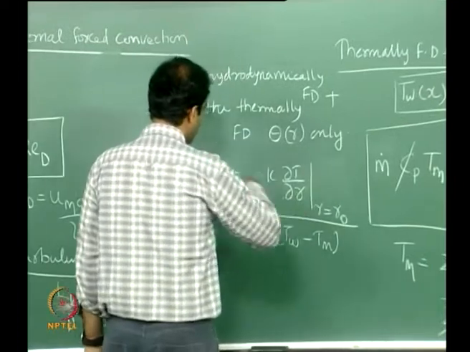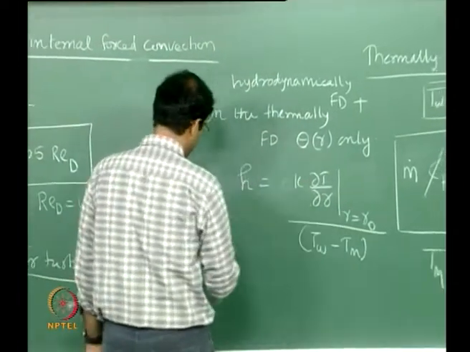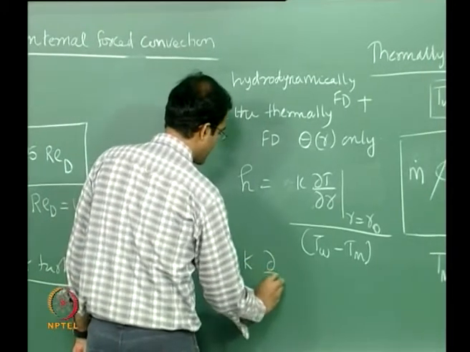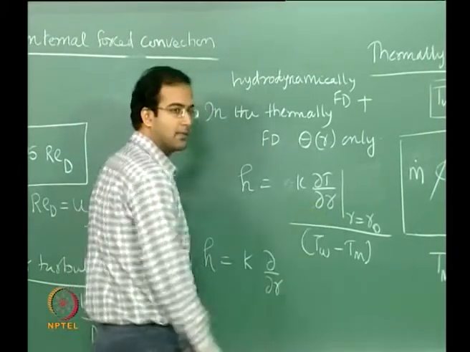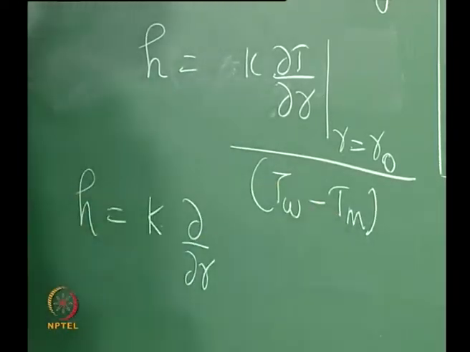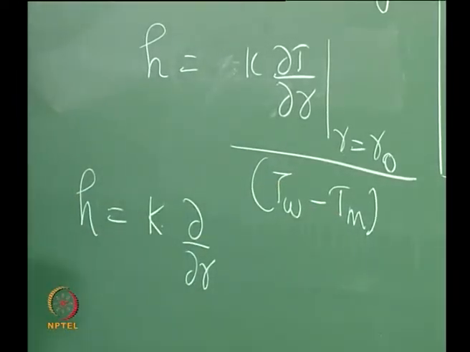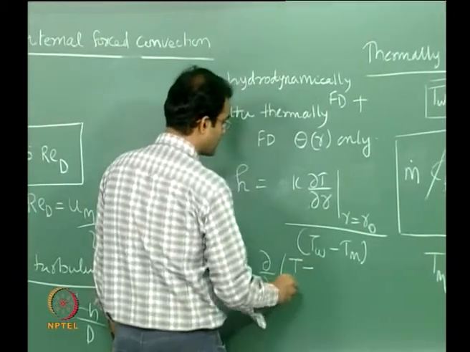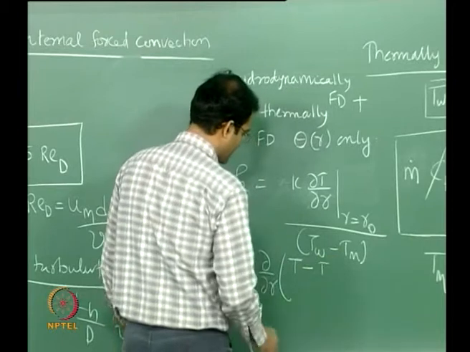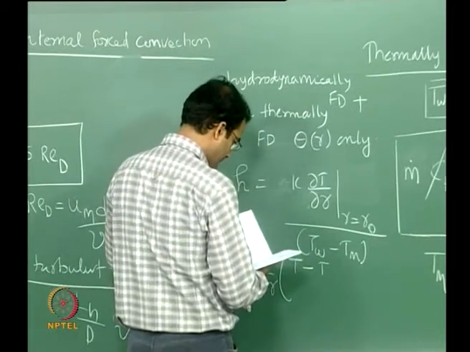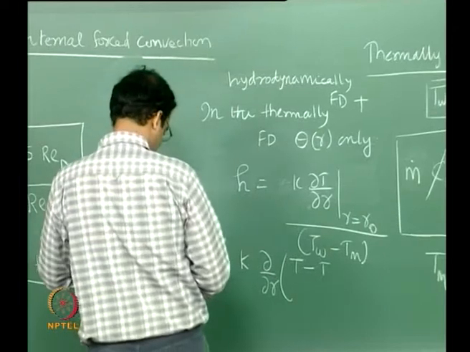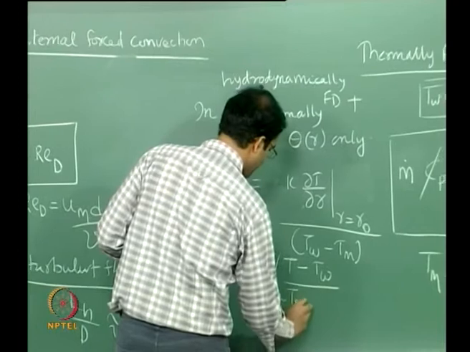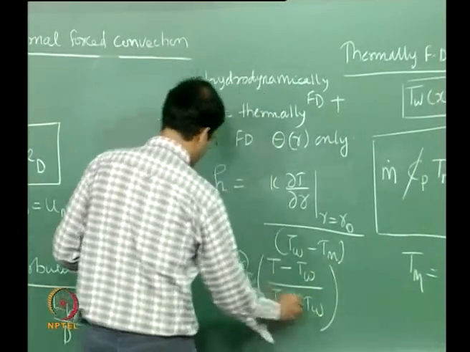Okay, so now we can write this in terms of the non-dimensional temperature. So I can write this as d by dr. Since this is a derivative with respect to r, and T wall and T mean are functions of only x, they can be directly taken inside this, and you can also introduce T minus T wall by Tm minus T wall, and you can put a negative sign here.